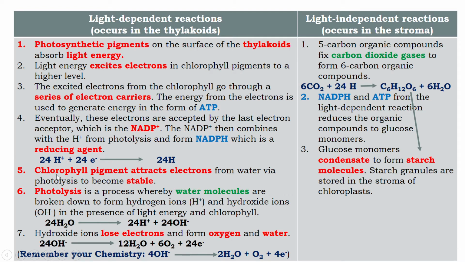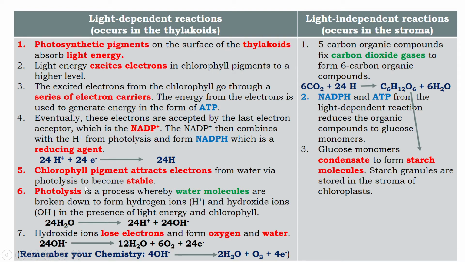Okay, the chlorophyll pigment will attract the electrons from water via photolysis to become stable. Because just now they were already excited. Now they have to accept these electrons and become stabilized. Okay, recall what photolysis is. Very simple.